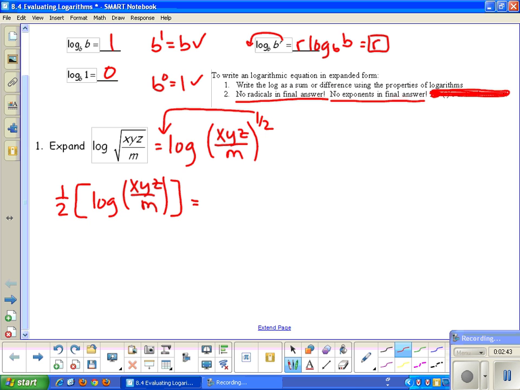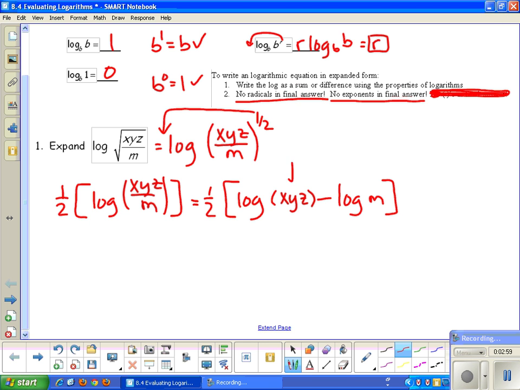I usually like to do division and then multiplication if I have the division in my problem, so I'm going to do 1/2 times the log of xyz, and then minus the log of m because it was in the denominator.